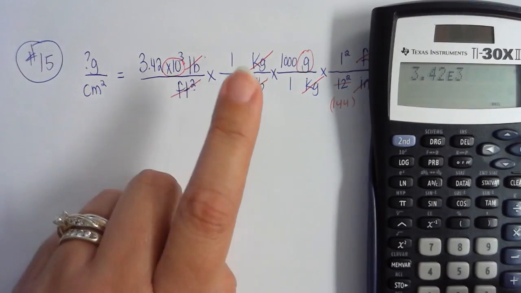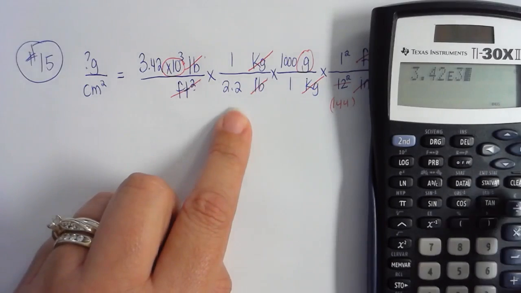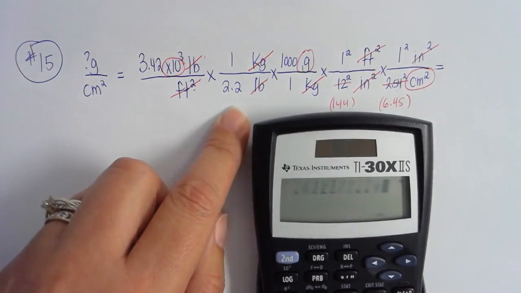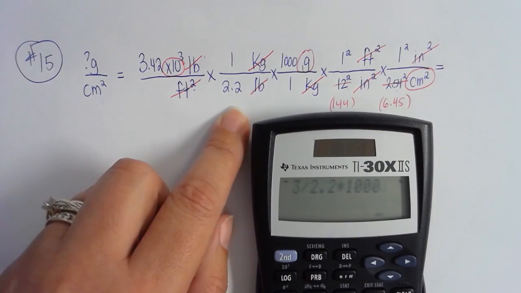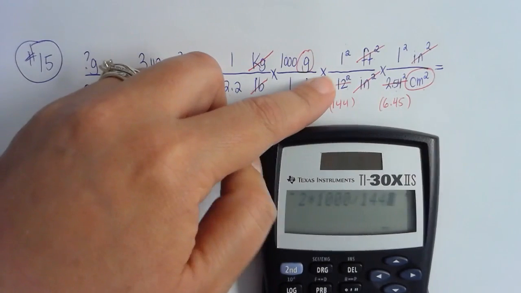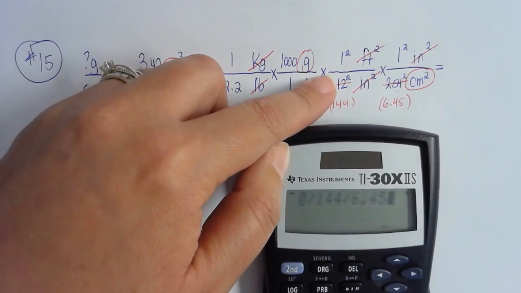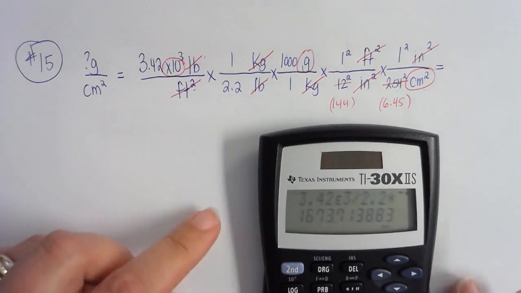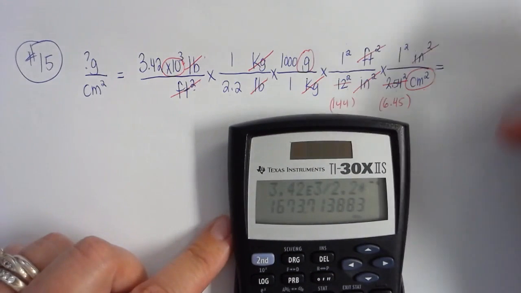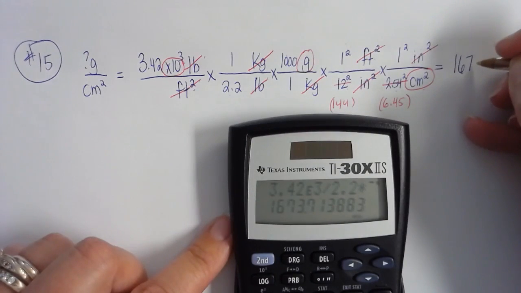Now we're going to divide by the 2.2, multiply by 1,000, divide by 144, and divide by 6.45. And when you do that, you get 1674.